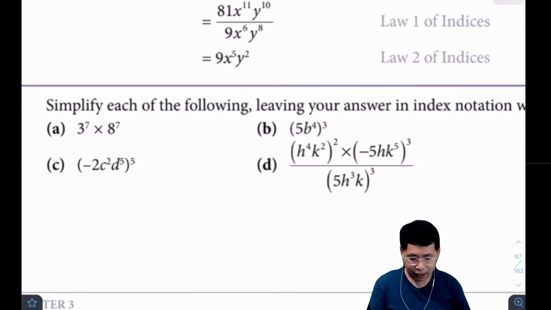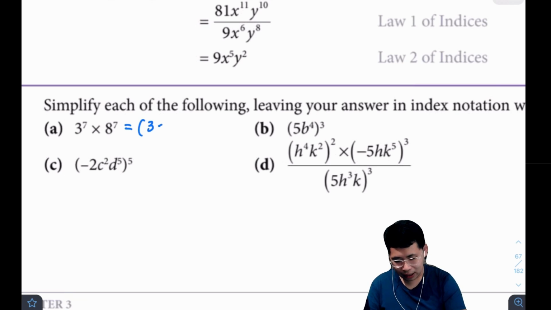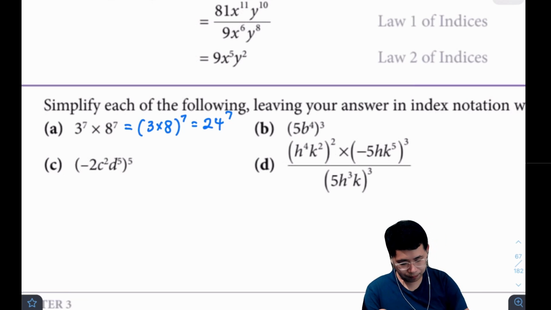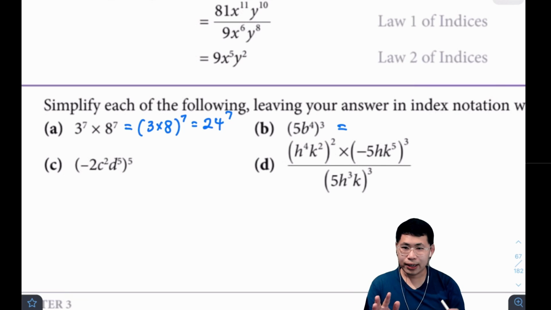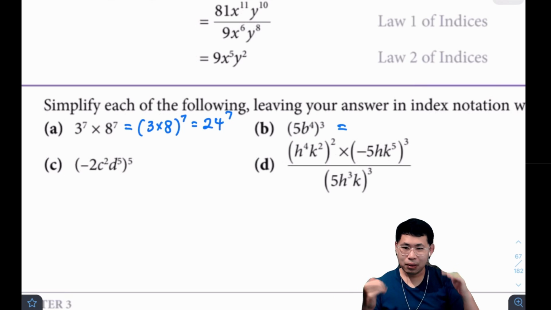Part 4: 3 to the power of 7 times 8 to the power of 7. Because the powers are the same, we can combine the base. So (3 times 8) to the power of 7, which is 24 to the power of 7. Now over here, (5b to the power of 4), the whole thing cubed. We are going to get 5 cubed times b to the power of 4, cubed.